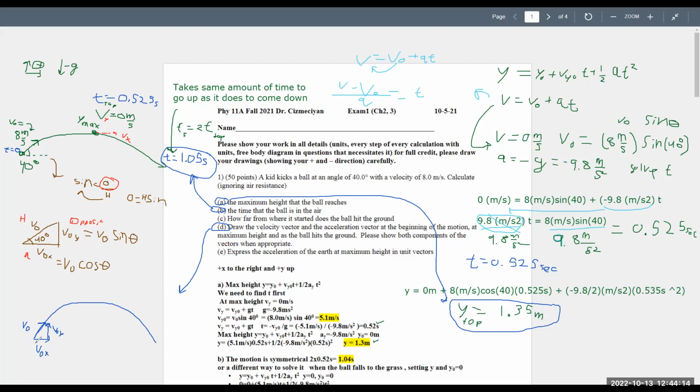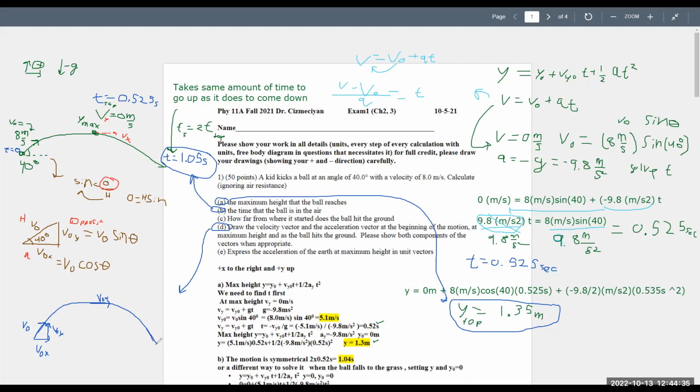Usually for these, we use the tail to tip method, where this one goes this way, and then from that point of the arrow, the tail of the next one comes up to meet the tip of the resultant vector, in this case, the V naught. Same thing for this one here. You have your V naught X here, and that's basically it, because you don't have a V naught Y.